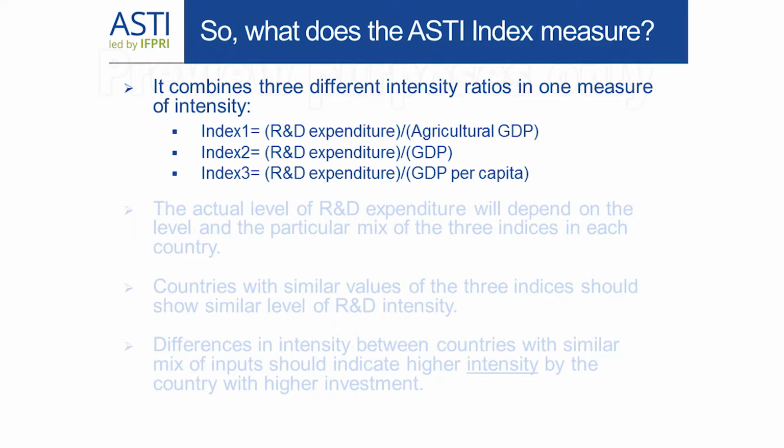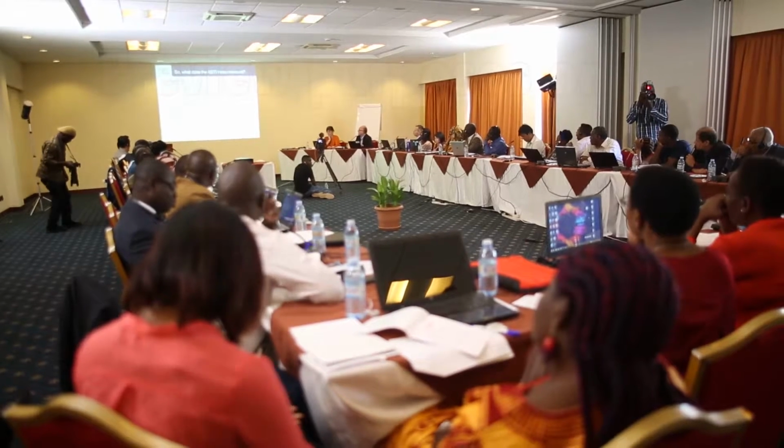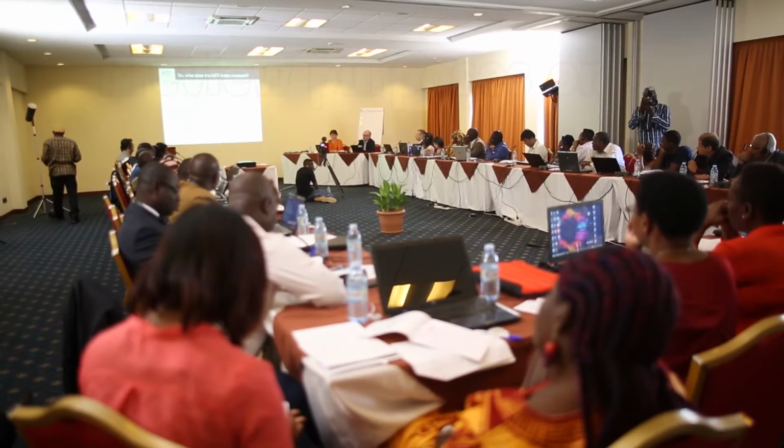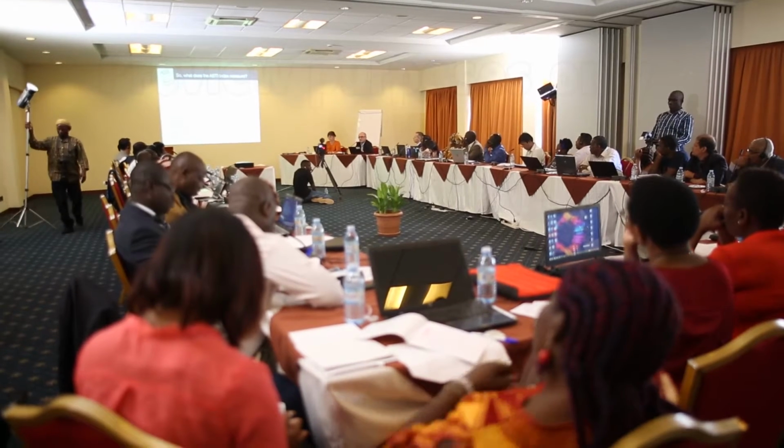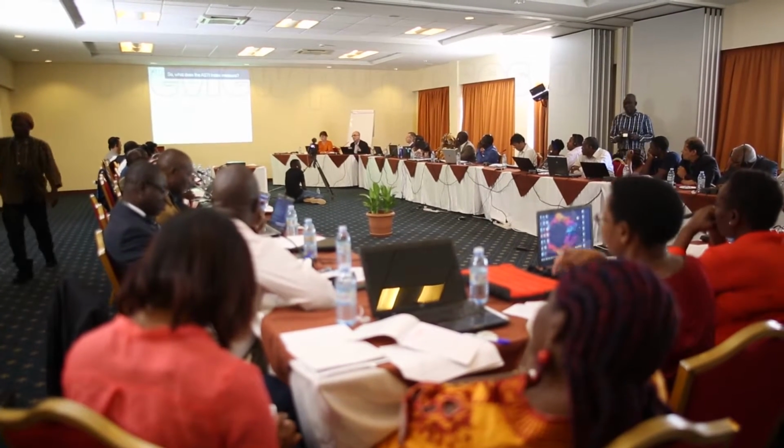It includes the usual one, the classical intensity ratio, R&D expenditure divided by agricultural GDP, but it also includes R&D expenditure divided by the whole size of the economy, and R&D expenditure as a ratio of GDP per capita, or average income of the country.